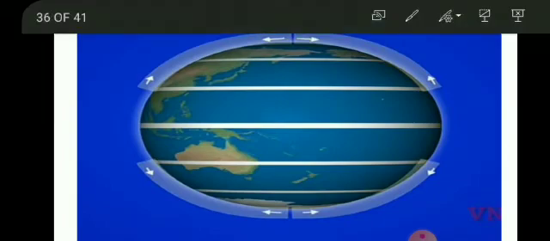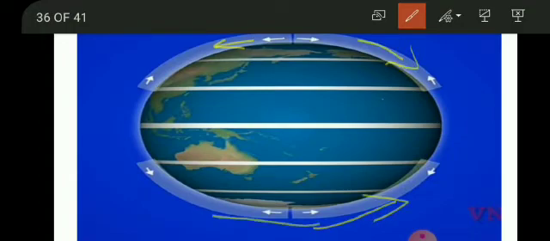Because of the cold regions, it is sinking, so it is moving in the opposite direction. Instead of rising up, it is moving in the opposite directions. These regions are called subpolar low.